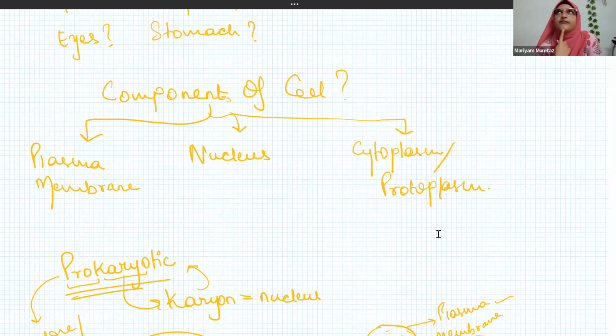Another statement: plants may or may not be made up of cells, but animals are made up of cells. False, because animals and plants are both made of cells. There is no exception.